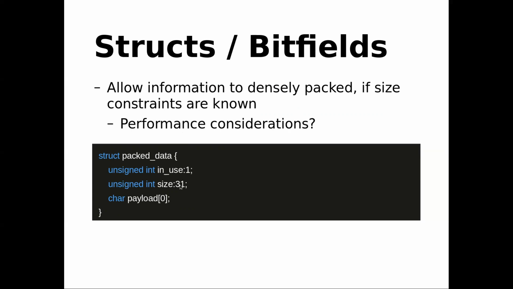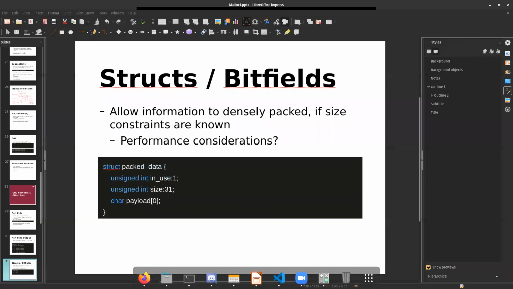Bit fields basically allow you to represent one bit inside of your 4-byte boundary tag as whether or not this block is allocated. And then the additional 31 bits will be the size of your block, whether that be a free or used block.